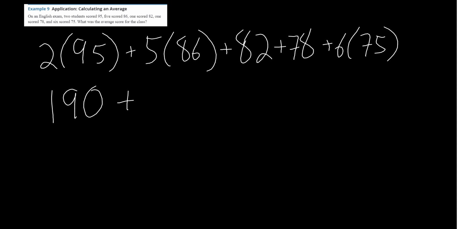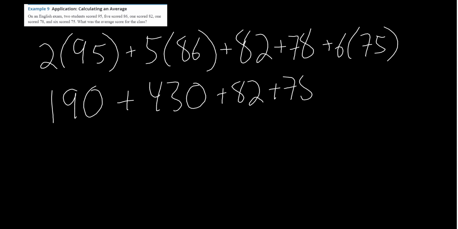So 5 times 80 is 400, and then 5 times 6 is 30, so 430, plus 82, plus 78, plus 6 times 75, which is 450. Okay. I'm going to add all those up. So let's add all those up real fast. Okay, so 1230.